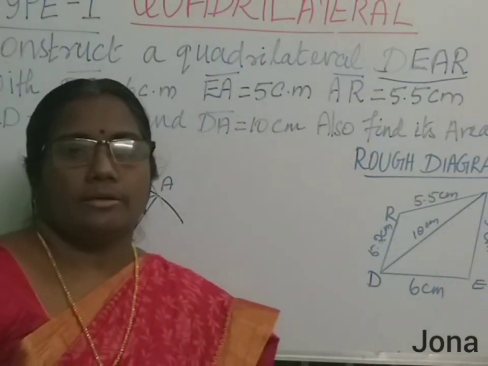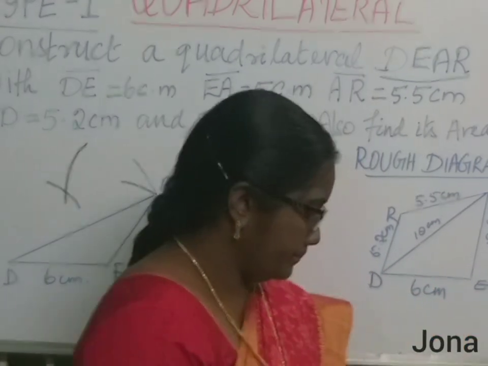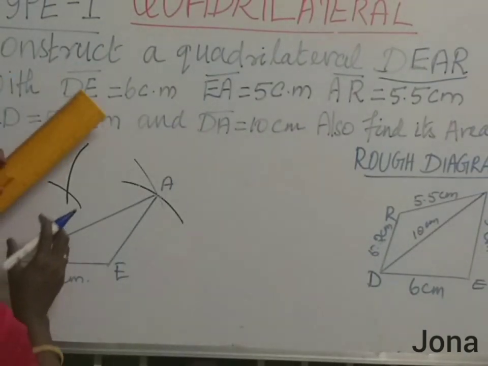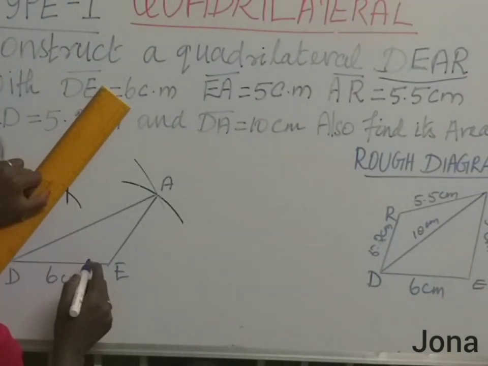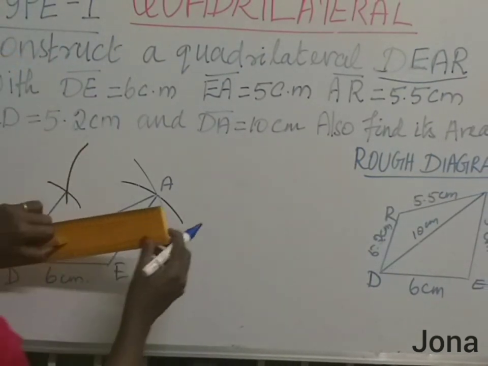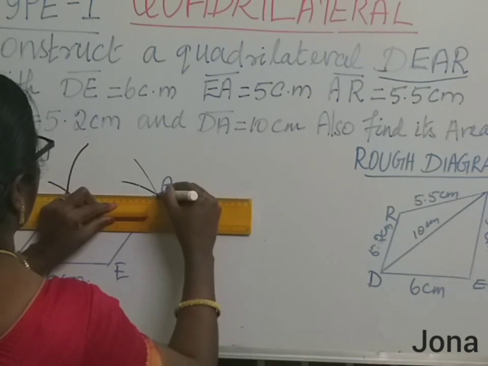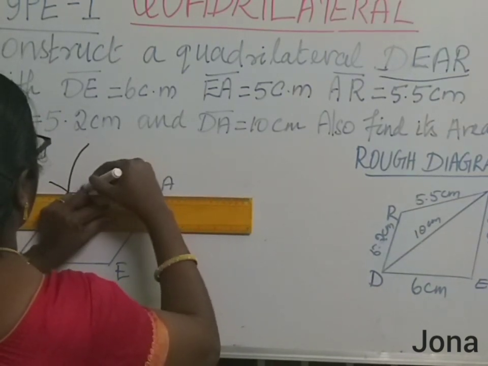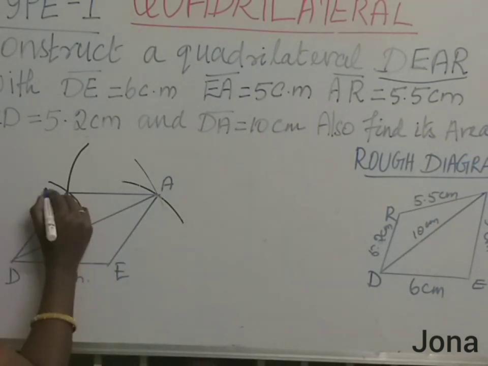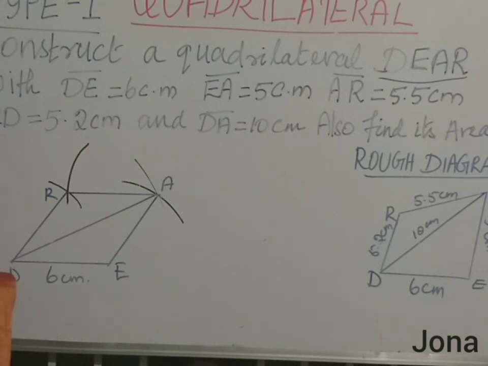So now this is 5.2 centimeter. Now I want to join here. Now I got DEAR as a quadrilateral.